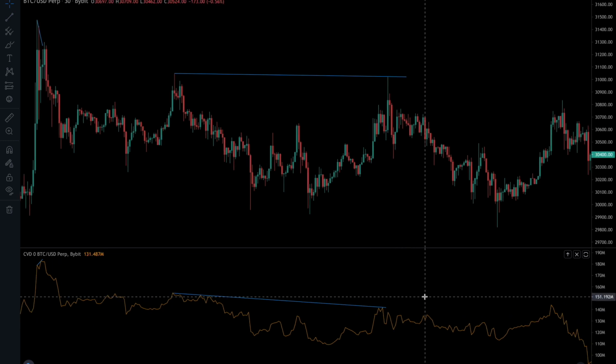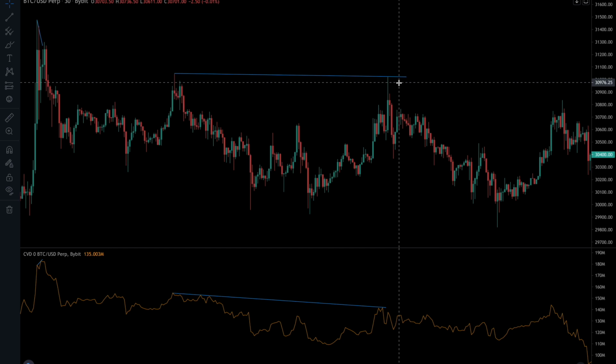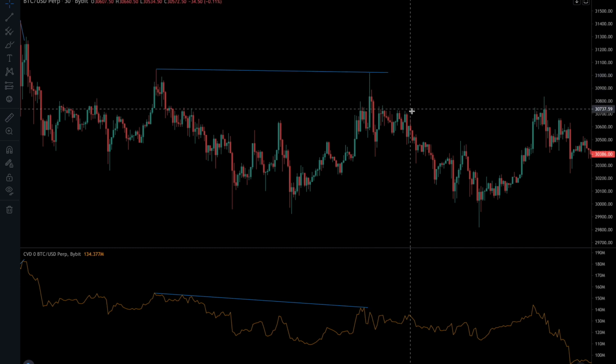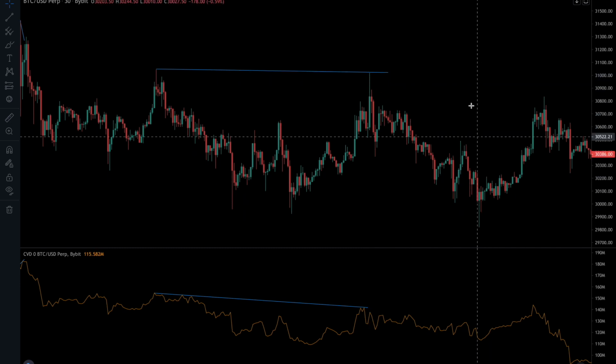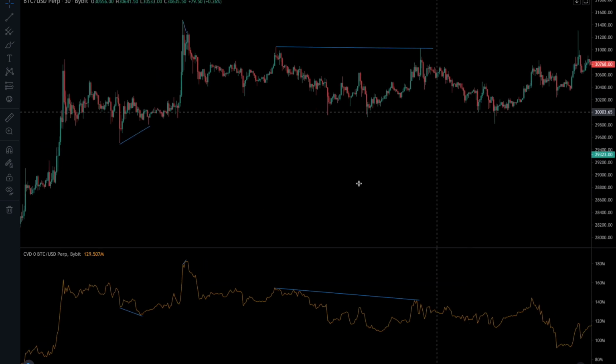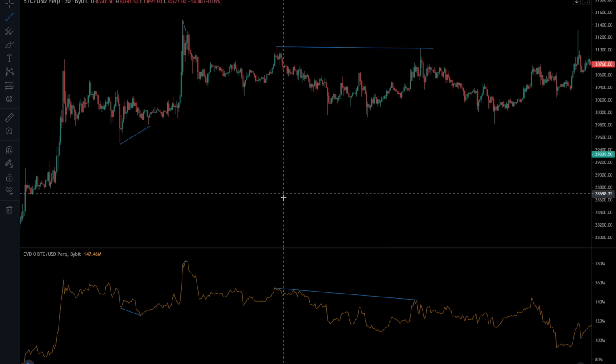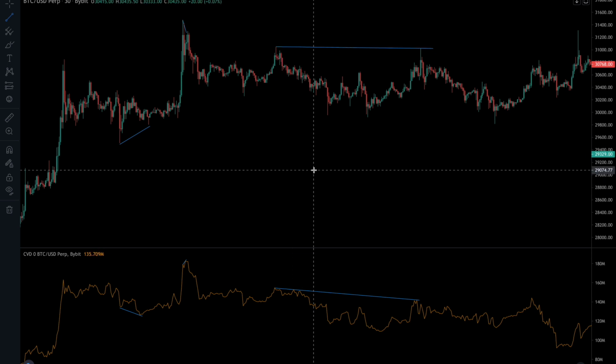What it means is that there is a lack of market participants at this point to push the price higher. Because there is a lack of market participants and they are exhausted, what will happen next is that price will go lower.